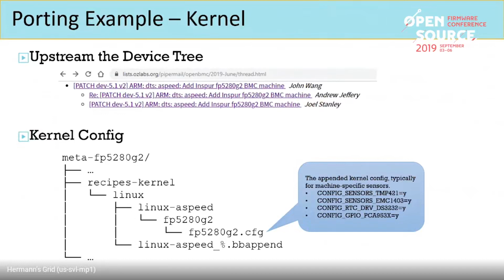Then the kernel config. This config mainly adds some new configs based on the default OpenBMC config, especially for the sensor configs. Like here, we have added two sensors config, an RTC driver and a GPIO driver. So this is specific to the Dubai machine. We have to add some new config to kernel.